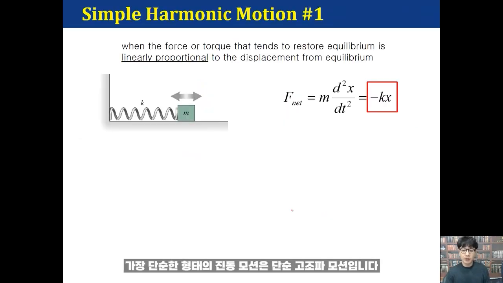And the simplest form of oscillatory motion is simple harmonic motion. Simple harmonic motion is the motion of an object when the restoring force or restoring torque is linearly proportional to the displacement.